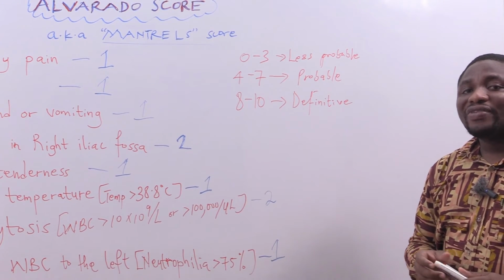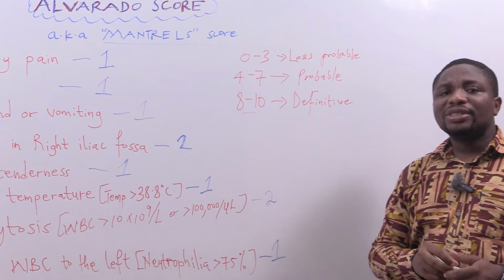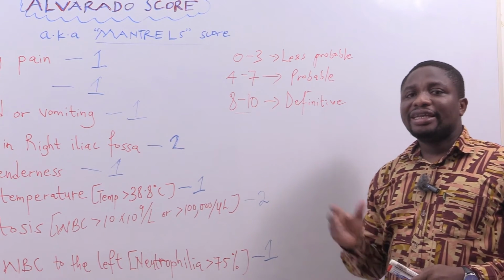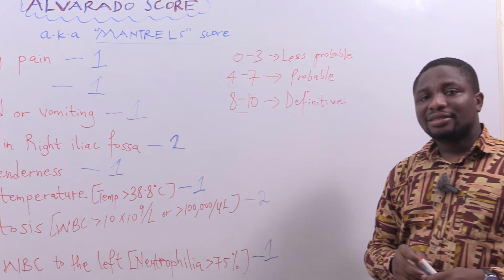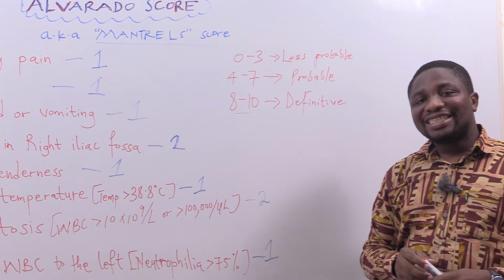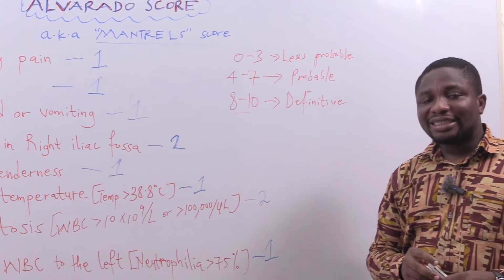Then finally, a score of 8 to 10 correlates to a definite or definitive diagnosis of acute appendicitis. And hence, for that, surgical intervention in the form of appendicectomy or appendectomy should be done.